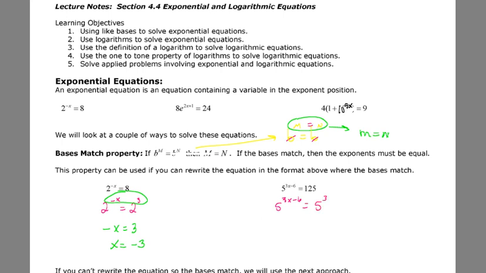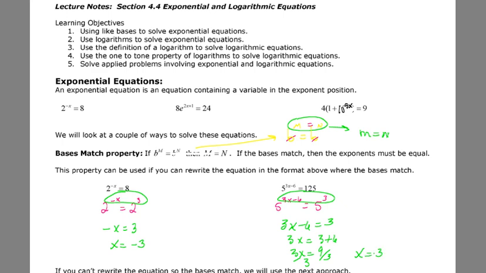If I can write it where the bases match, again, it must fall from that the two exponents would have to be equal to each other. The exponent 3x minus 6 equal to the exponent of 3 is a very simple equation to solve when we add 6 and then divide by 3. So x is equal to 3 in this case.